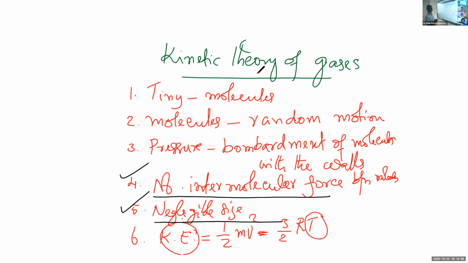In the equation PV is equal to nRT, the volume taken is the volume of the container, with an assumption that the volume of the gas is equal to the volume of the container. But that is not true in the case of gases at a low temperature and high pressure.